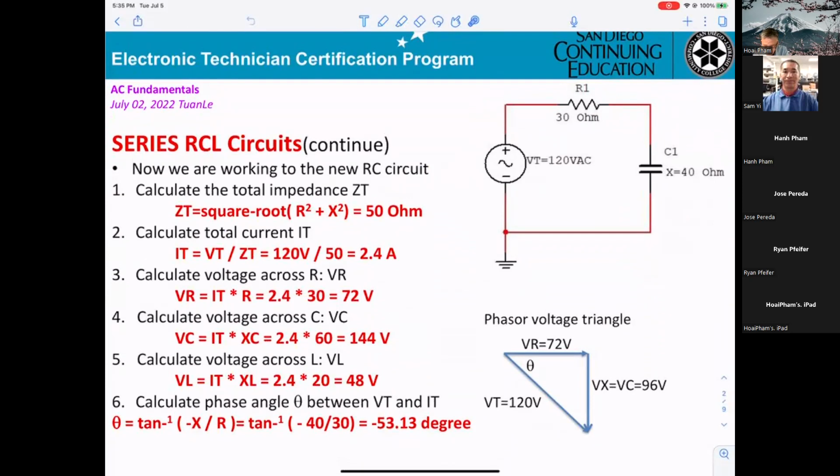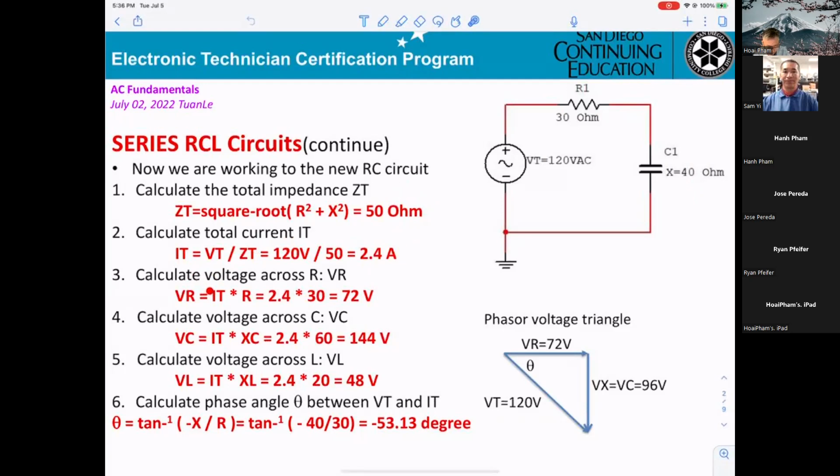If they want to calculate the total impedance, then you can see square root of R squared plus X squared, and I've given you the answer, 50 ohm. Then you calculate the total current. You take the total voltage, divide by total impedance, and get 2.4 amp.